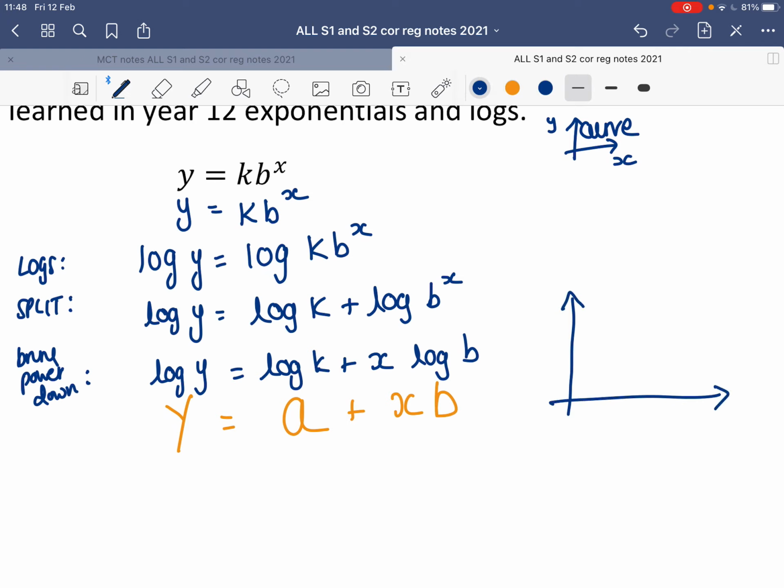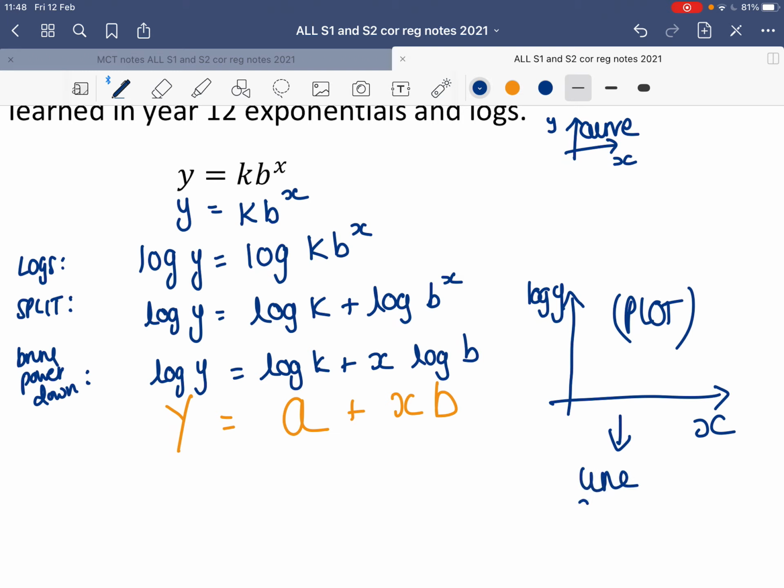So the thing that would have to be plotted in order to use this straight line would be still x, because that's still x, against log y. So that is what you would have to plot. We're not actually going to plot it.